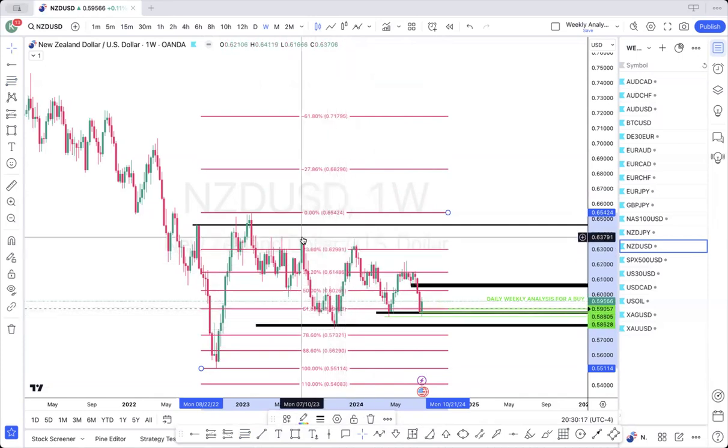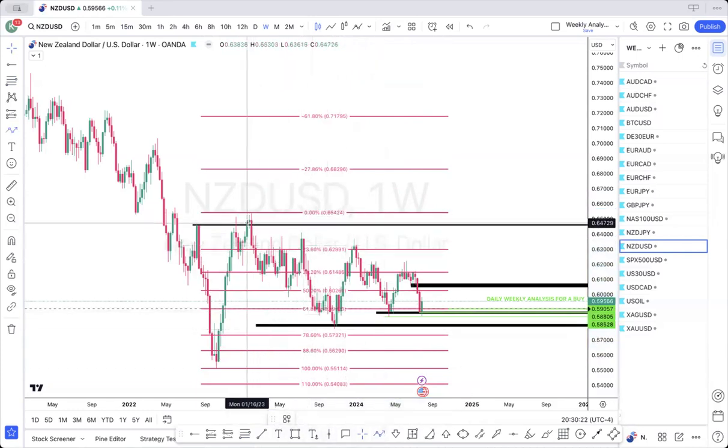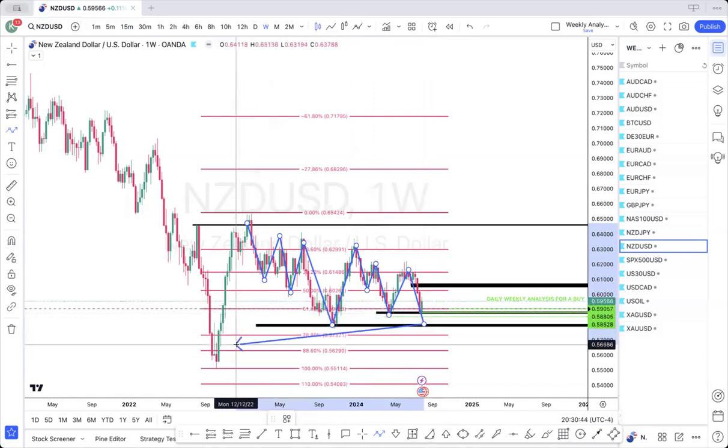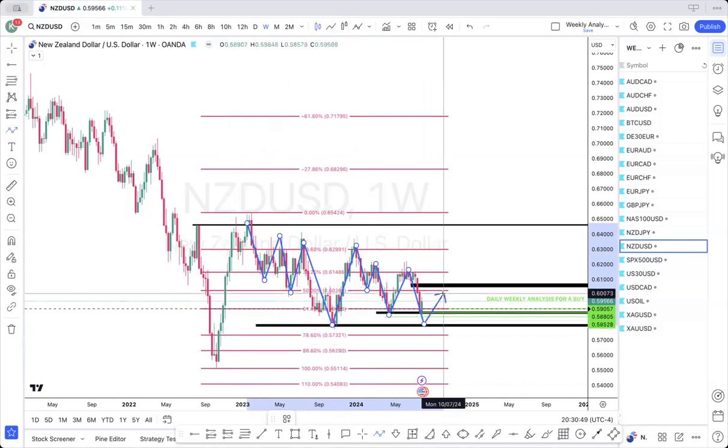It pushed up. It broke here, but now we have this break here, then a pullback, and a pullback, and then a break, and then another break here. So I would be looking for price to really sell down to here. There's nothing else to mitigate based on the weekly here. There may be something on the lower time frame.